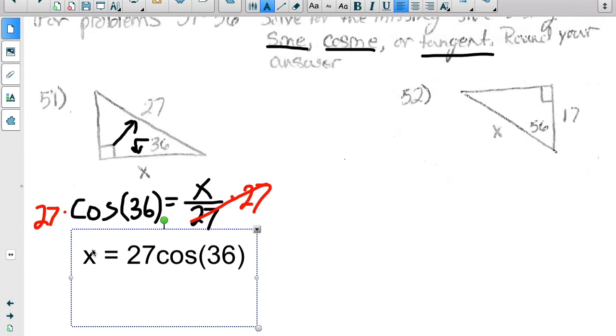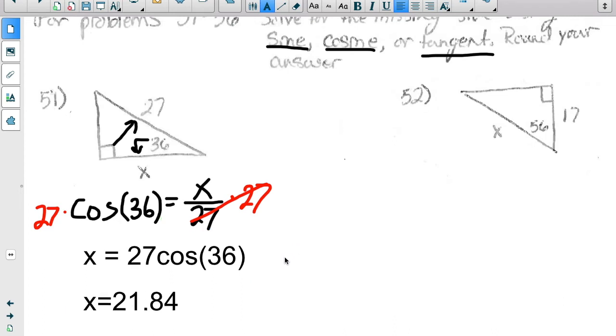The calculator will solve this for us, because we can type in 27 cosine of 36, and it will tell us that x is equal to 21.84. So our side length that we're looking for, the value of x, is 21.84. And that's all we need to do to solve for the missing side lengths.